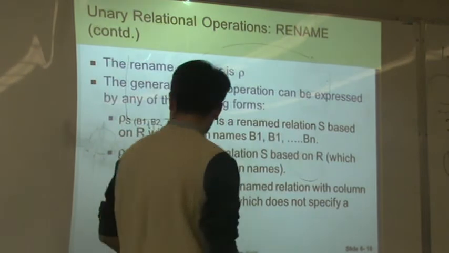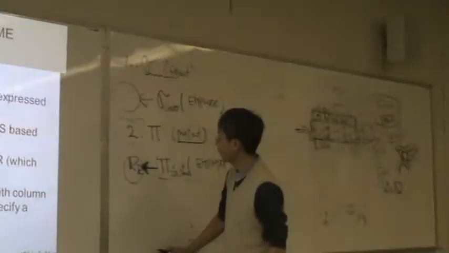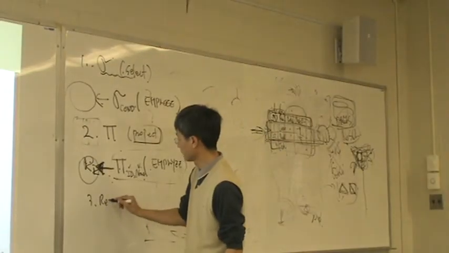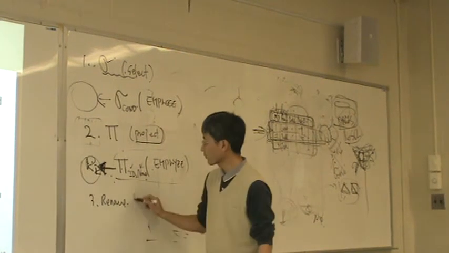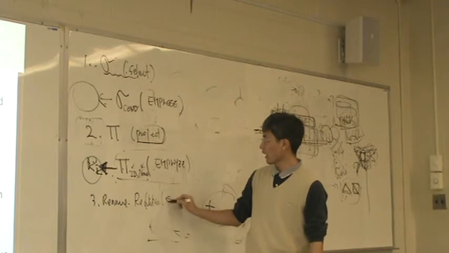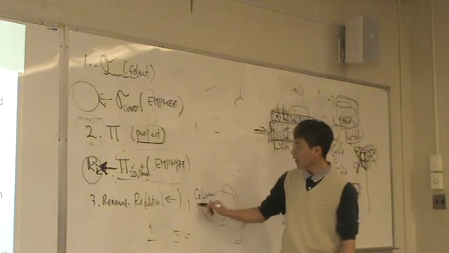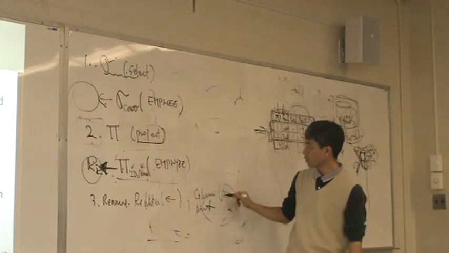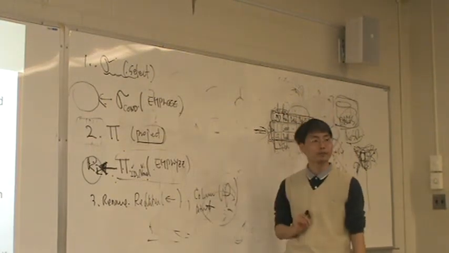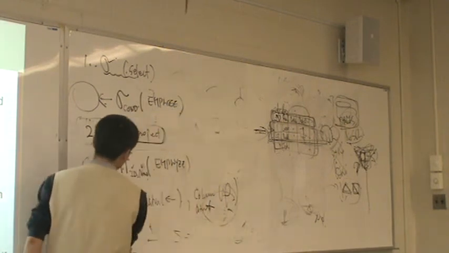Also, I want to rename the column. Yes, you can do that. At the time, rename of the relation uses the arrow, and renaming the column or attribute uses the rho operation. So the rho operation can be used like this.